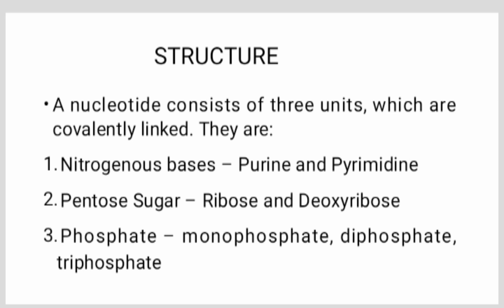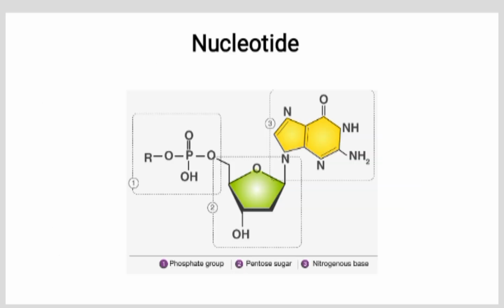One phosphate group is called a monophosphate, two is a diphosphate, and three is a triphosphate. This structure shows the nucleotide, with a nitrogenous base, phosphate group, and sugar. If it is ribose sugar, it is RNA; if it is deoxyribose sugar, it is DNA.